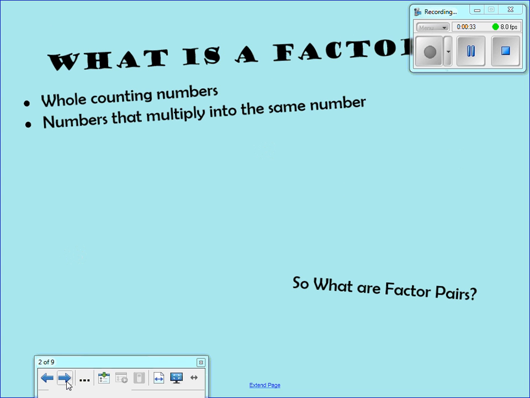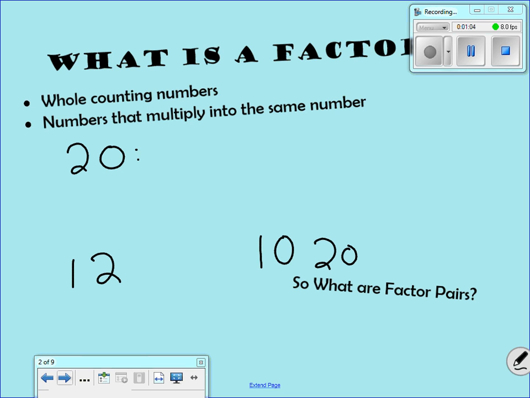So starting off with the basics. What is a factor? Let's review that a little bit. Factors are whole counting numbers, and they're the numbers that multiply into a bigger number and make up that number. So they multiply into the same number. So for example, we have 20. And we know that the multiples of that would be 1 and 20, 2 and 10. 3 doesn't go into 20, so then we go up to 4, 4 and 5.